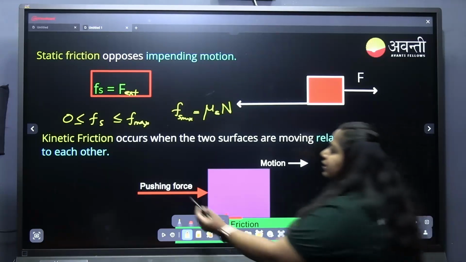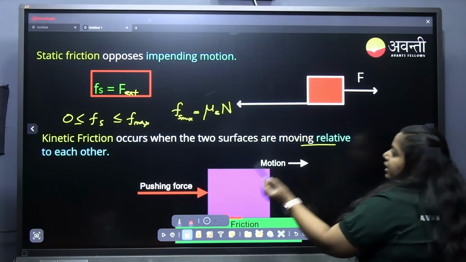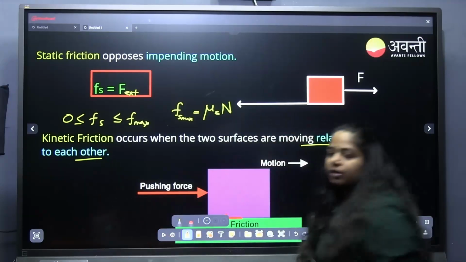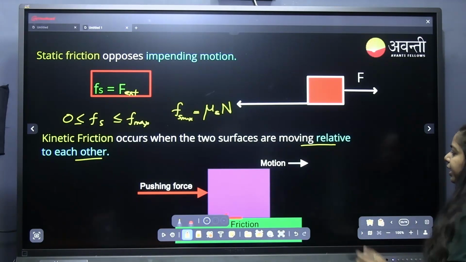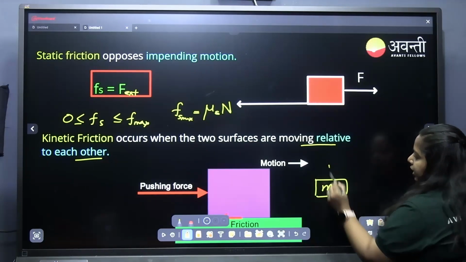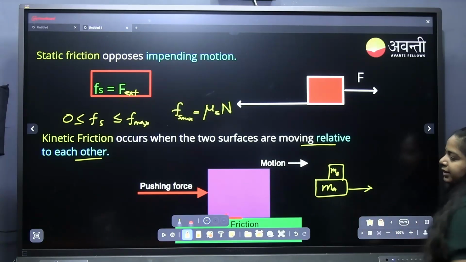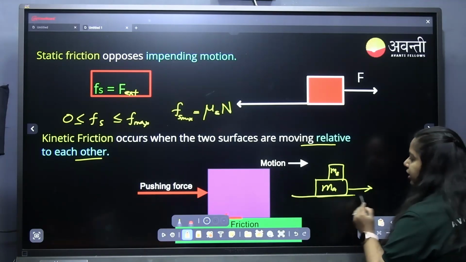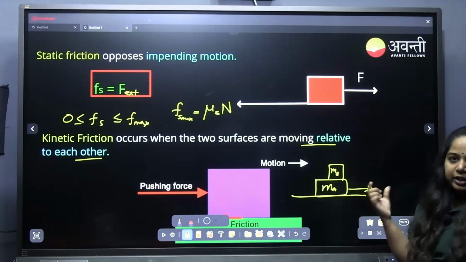And here you can see kinetic friction occurs when two surfaces are moving relative to each other. Okay, why relative to each other? Let's see that there are two masses, MA and MB. I am pulling this MA. Both bodies are moving together.